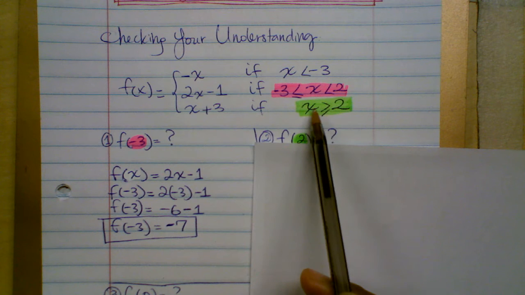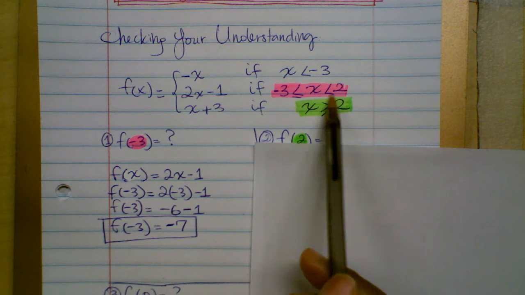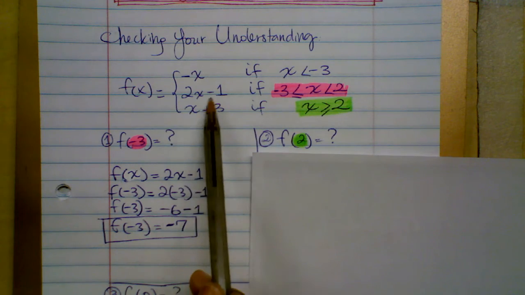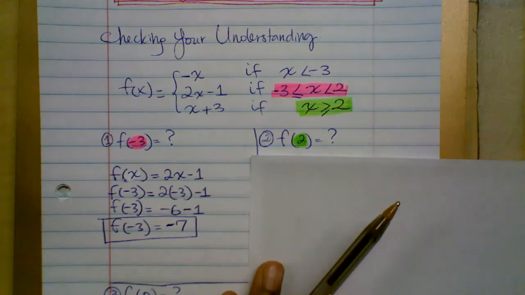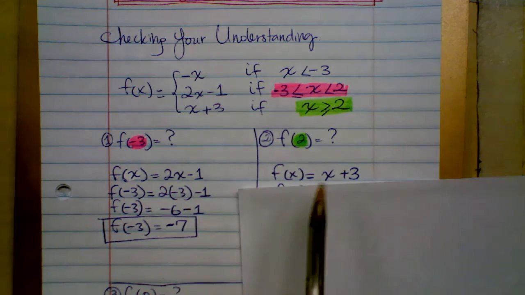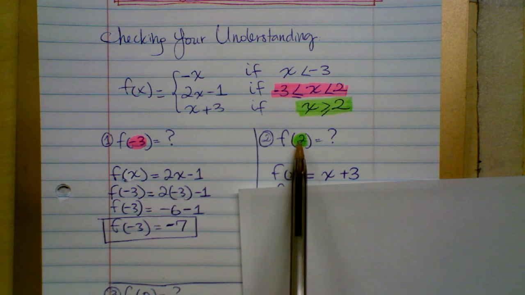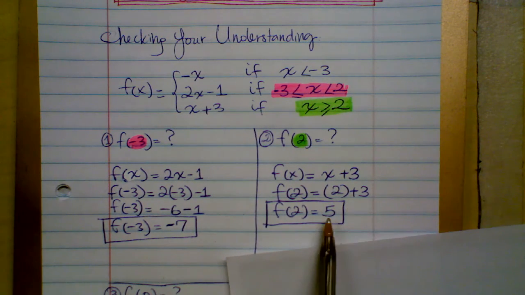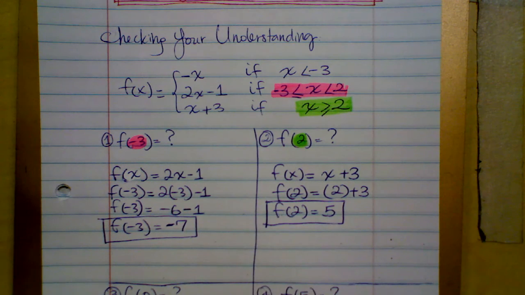Then you use this function, which is x plus 3. We want to evaluate the function at 2, so I replace x with 2 and find that 2 plus 3 is 5. So f of 2 is 5. I hope it's beneficial.